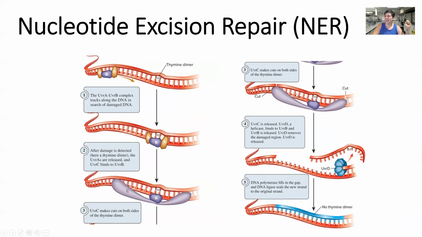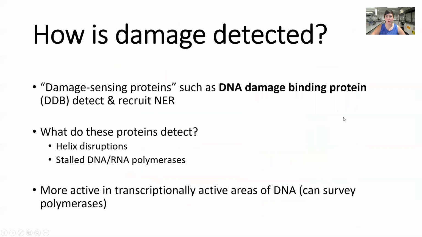They cut it out, and then they use the complementary strand to reconstruct a new strand of DNA that doesn't have a thymine dimer in it.